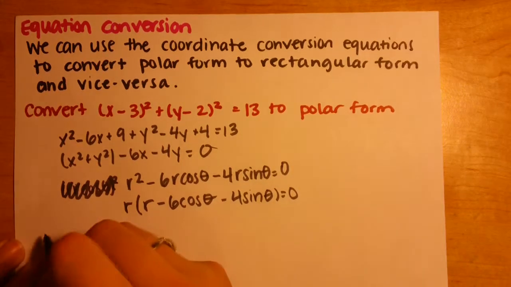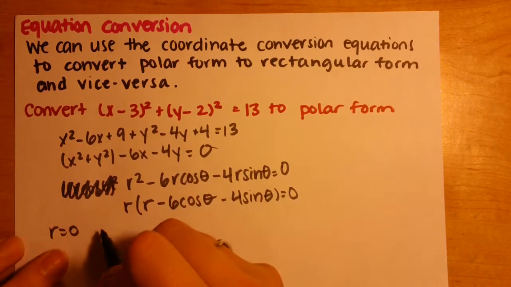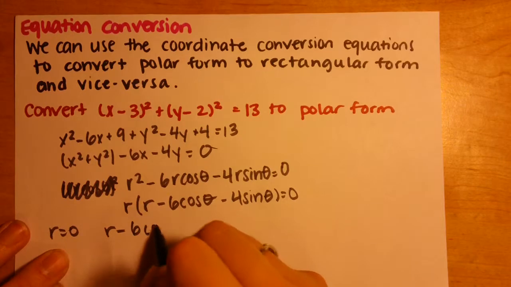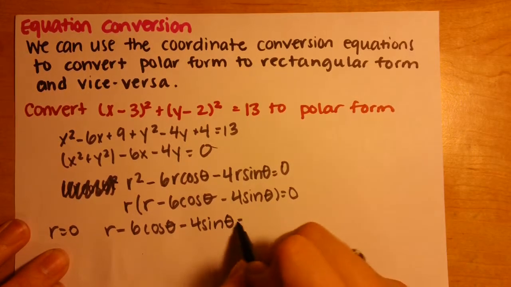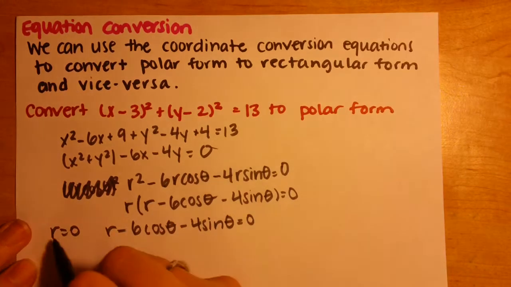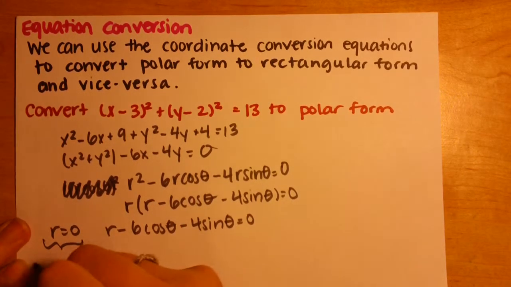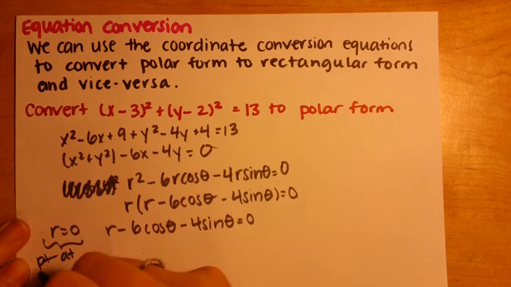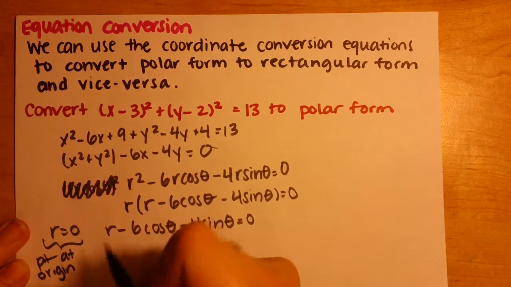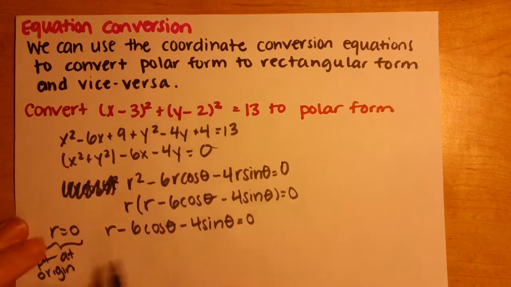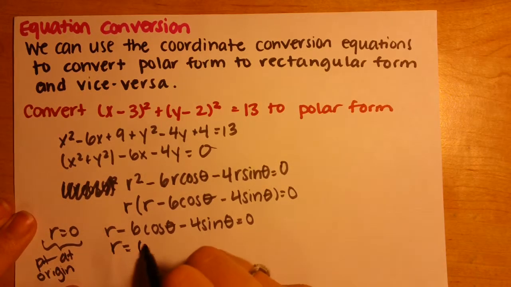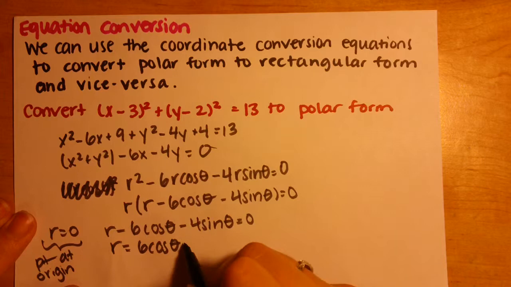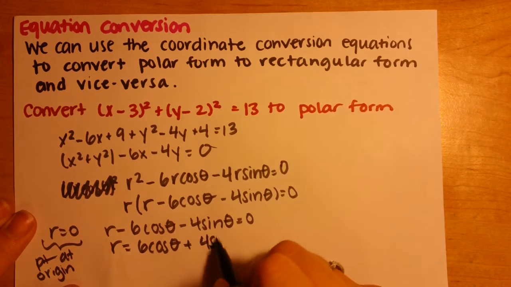So here I know that r equals 0 or r minus 6 cosine theta minus 4 sine theta equals 0. So this is a point at the origin. So we're going to hold on to that for a second and make sure it'll satisfy here. So here we have r equals 6 cosine theta plus 4 sine theta.